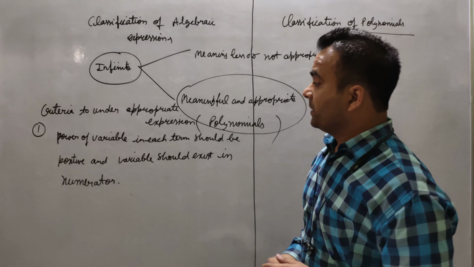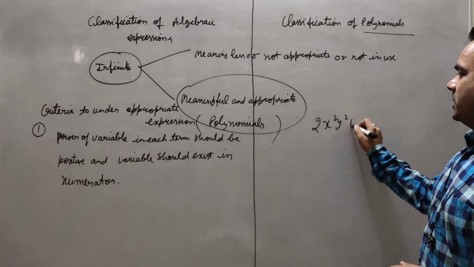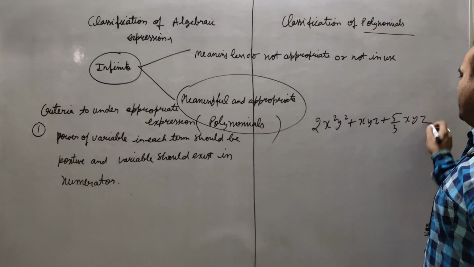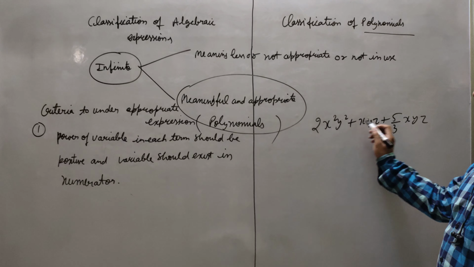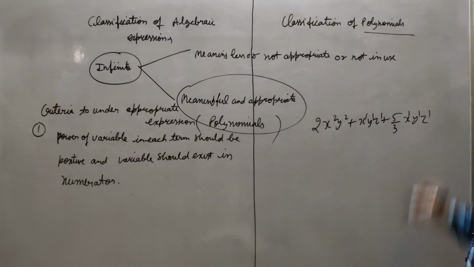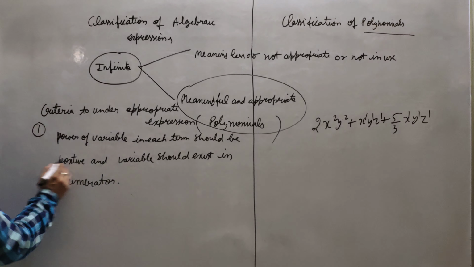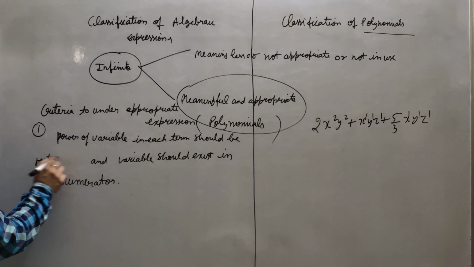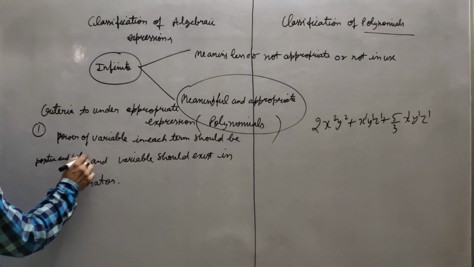What is this one? The power of variable means whatever the expression you are having. Suppose this one I am having. So you have to check each variable should contain positive power, right? Positive and whole numbers.